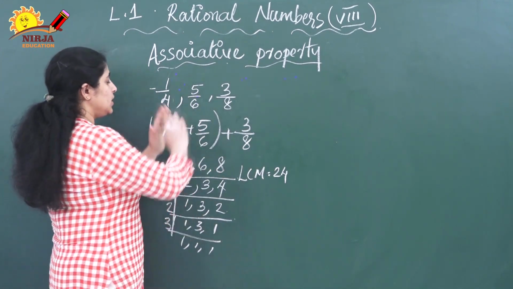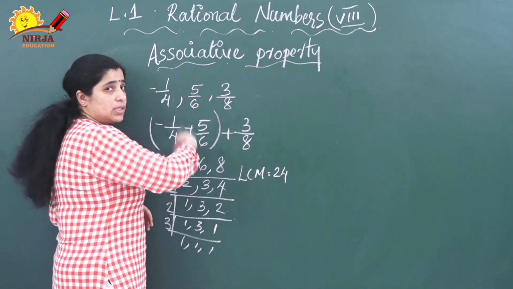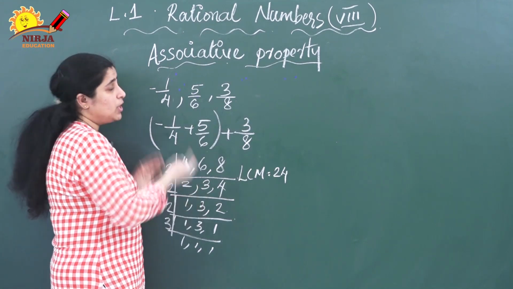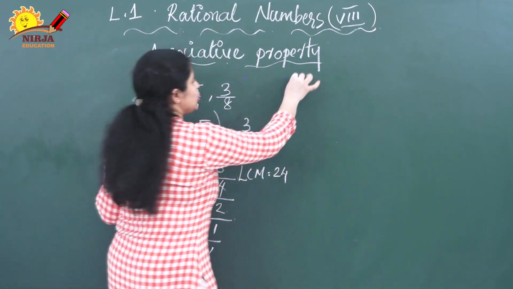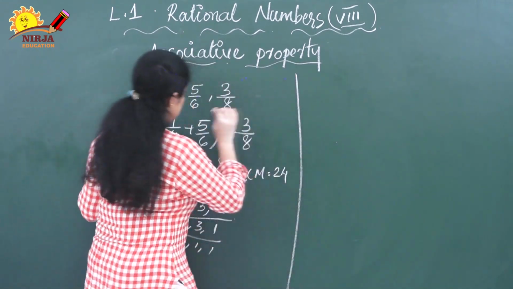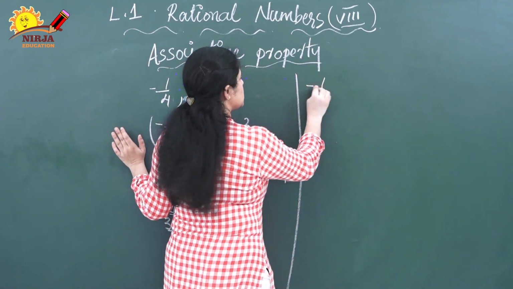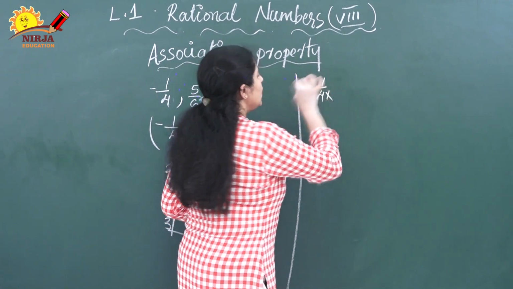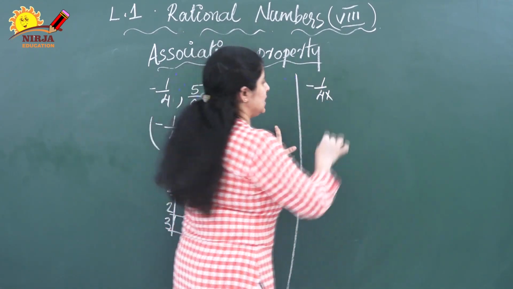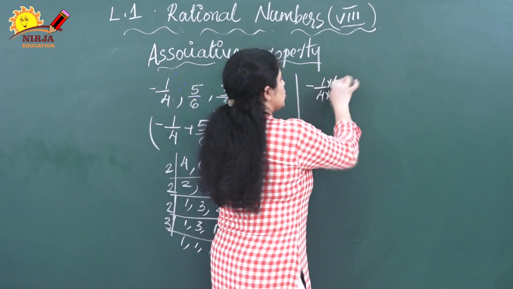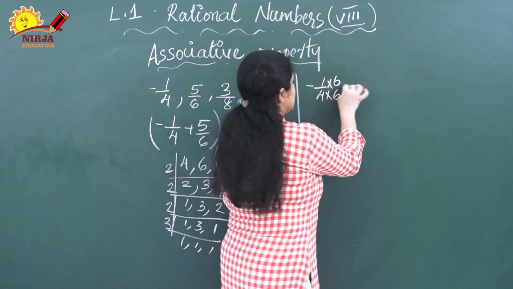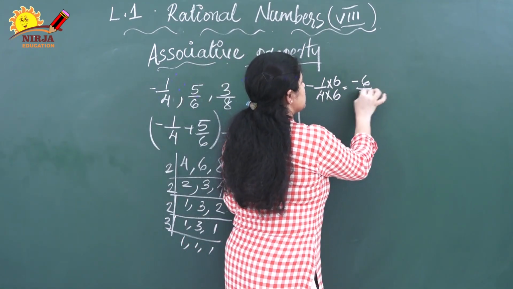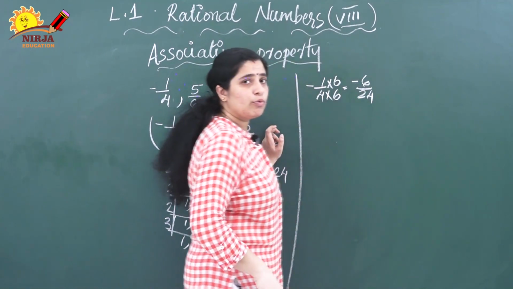Now first I will change the numbers. That means the denominators should be the same. So first I am going to change -1/4. We have to multiply the denominator by 6, and the numerator also, so we get -6/24.